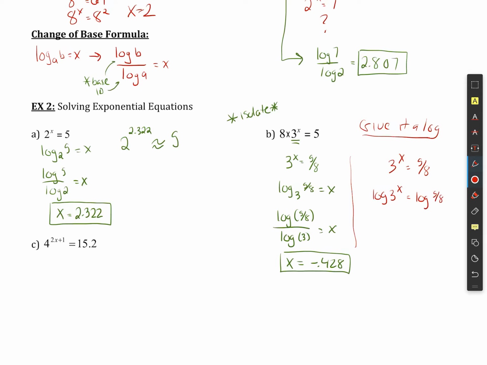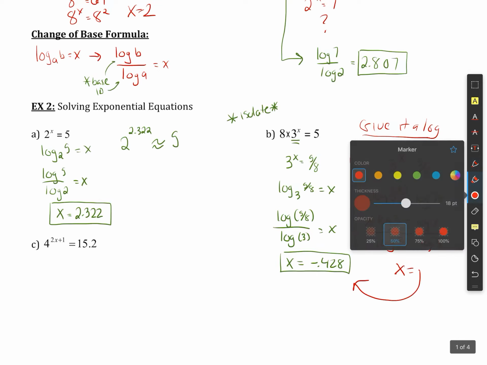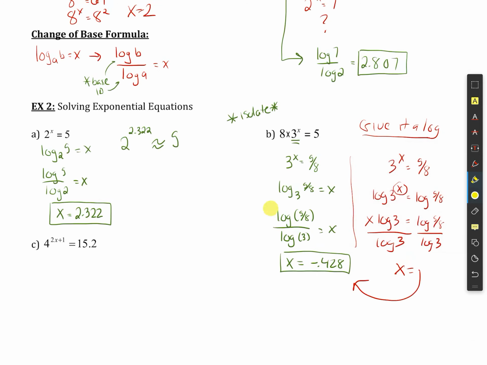The next thing I do is take my exponent and put it in front. x log 3 equals log 5 over 8. Divide by log 3. X equals the exact same thing. So with this method, we got this before, now we got it again. It doesn't really matter which way we do it, we're going to get the exact same answer in both situations.